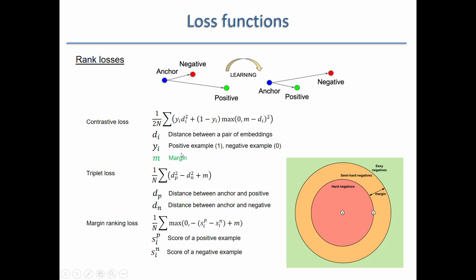So we have presented here three different losses. One is contrastive, triplet loss, and margin ranking. The description I have made is more similar to the triplet loss.